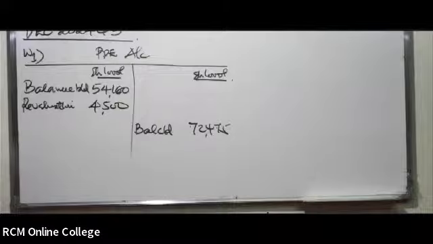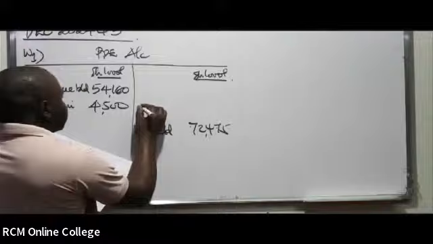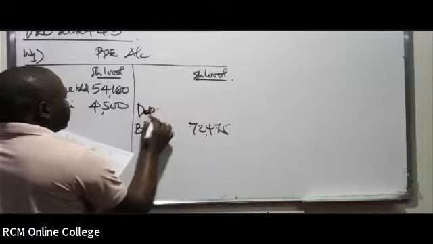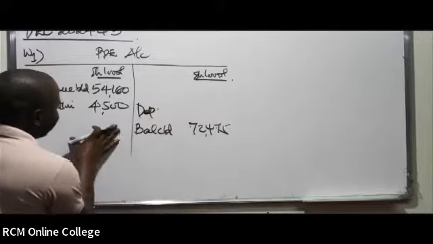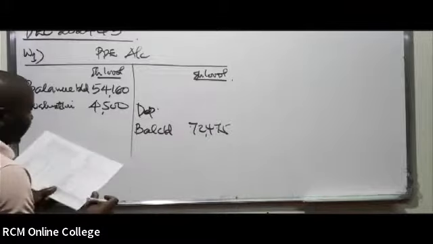Then still in the notes, you are advised of depreciation on non-current tangible assets. Non-current tangible assets are still basically under PPE. These are ones that you can touch and feel. The charge to profit or loss for the year amounted to 27,810. So this means it reduced the value of these assets. We put depreciation here because assets increase with a debit, and when they lose value, you credit.